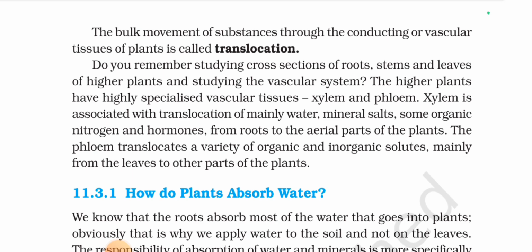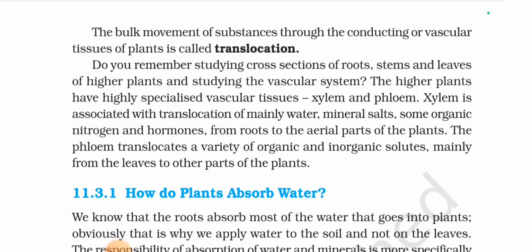Do you remember studying cross sections of roots, stems and leaves of higher plants and studying the vascular systems? The higher plants have highly specialized vascular tissues, xylem and phloem.